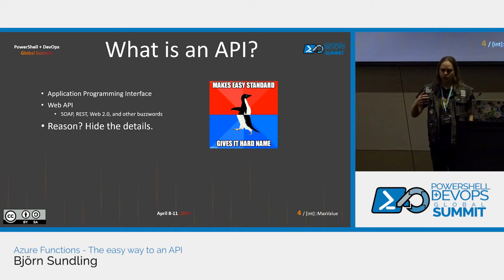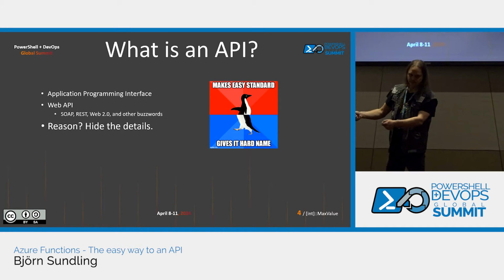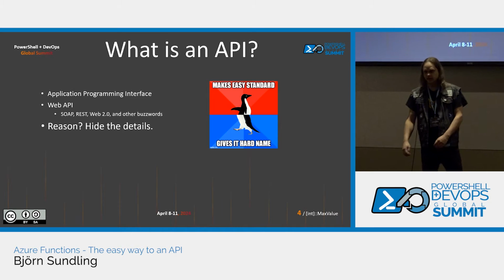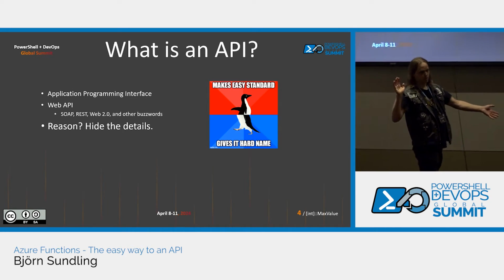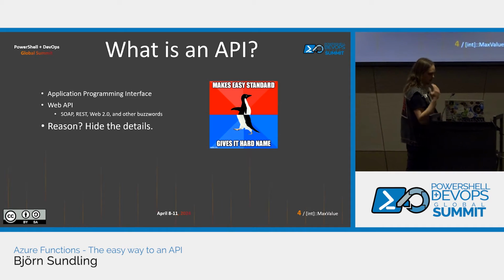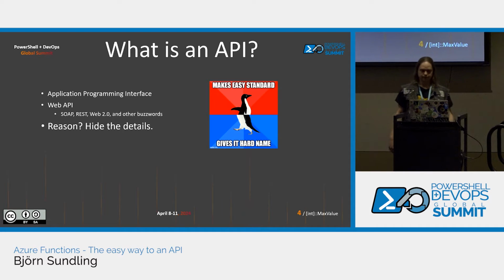Our users will not care what happens behind the scenes. They say, okay, if I post this body containing new user data, a new user will show up in my system in the backend. I do not care what goes on in between. And so we have an API, two machines or two machine integrations talking to each other.